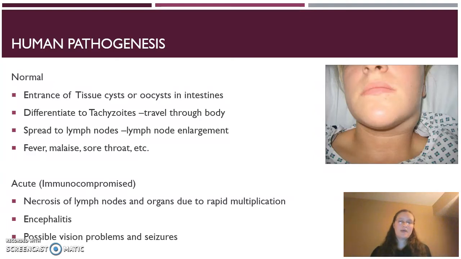And then depending on which organs are most affected, you can have vision problems in the eye, spleen, and liver damage. And if not treated, it will become fatal due to the large amount of cell necrosis.